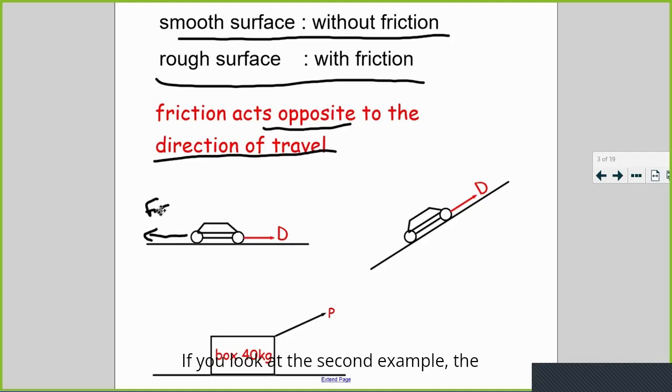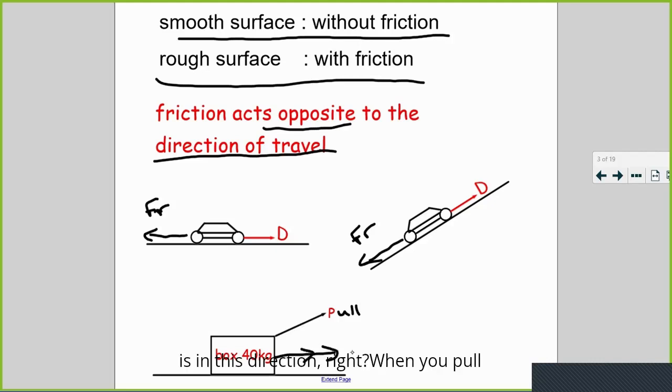If you look at the second example, the car is driving diagonally upwards, so friction will be diagonally downwards. And if you look at the third example at the bottom, now this is the pulling force, right? P stands for pull or push, depending on the situation. So the box is being pulled by this diagonal force, but the motion is in this direction.